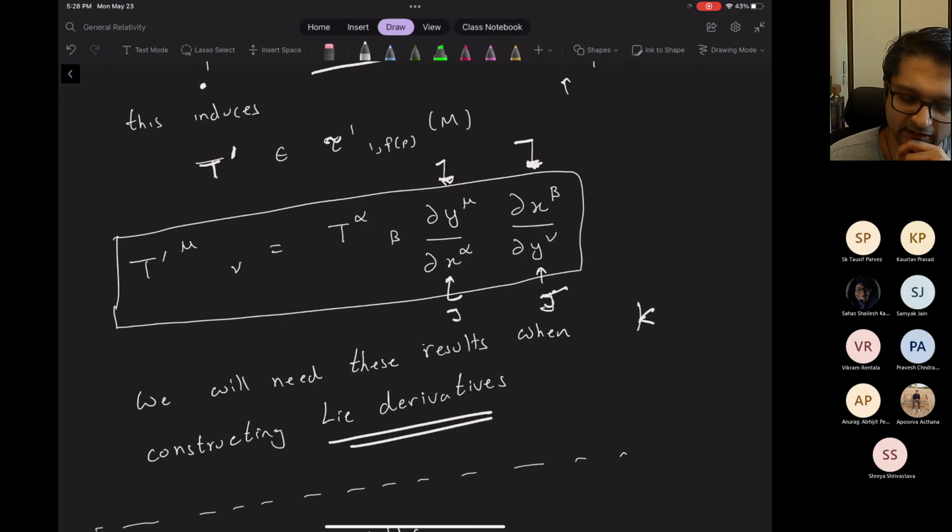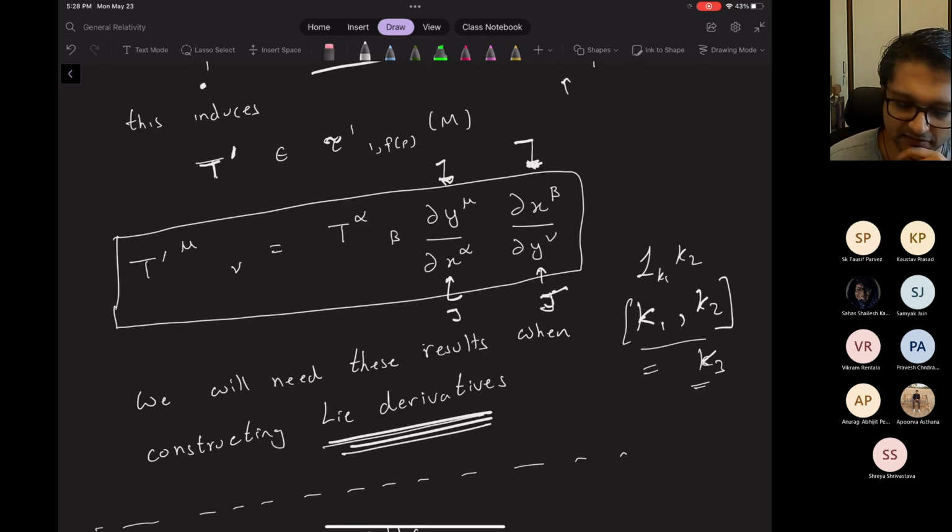So if I have Killing vectors k1, k2, two different Killing vector fields, the bracket of k1, k2 at any point will be related to some other Killing vector. This can be written as the Lie derivative of k2 along k1. So this algebra of Killing vectors is related to Lie derivatives.